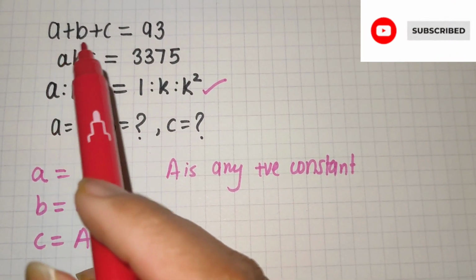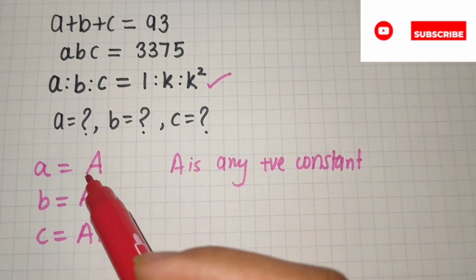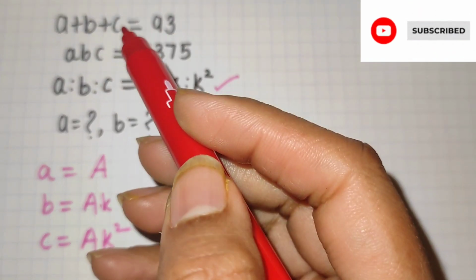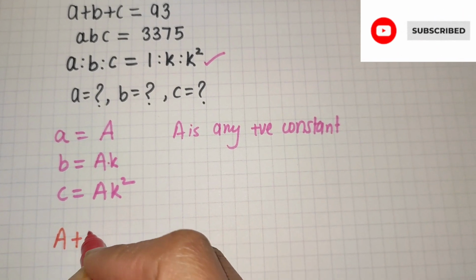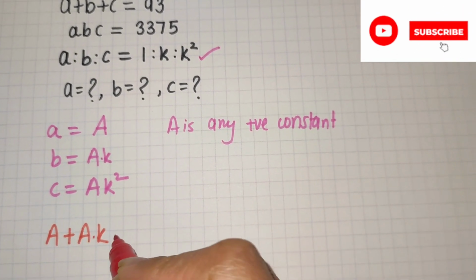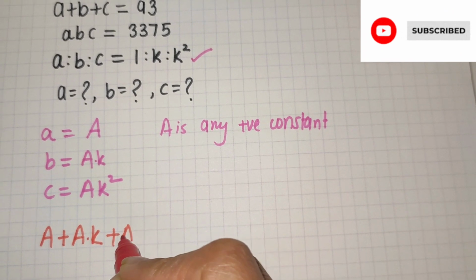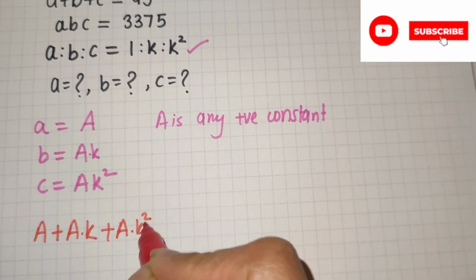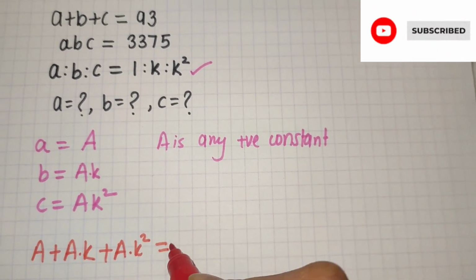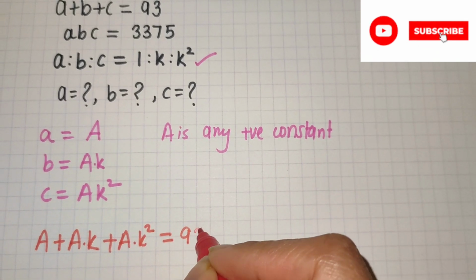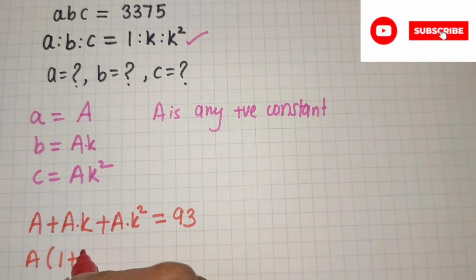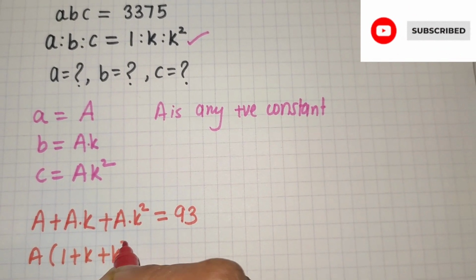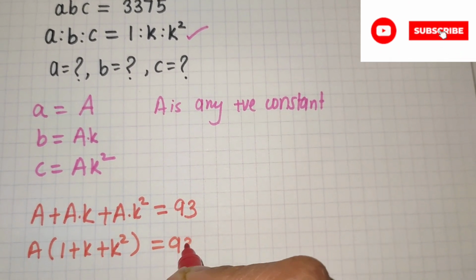Now as the sum of these three integers is 93, let's substitute these values here. A plus a times k, which is b, plus a k squared, which is c, equals 93. I can take a outside the bracket and write a times (1 plus k plus k squared) equals 93.